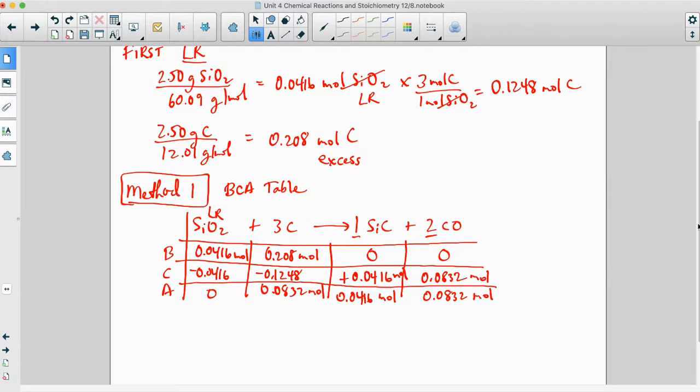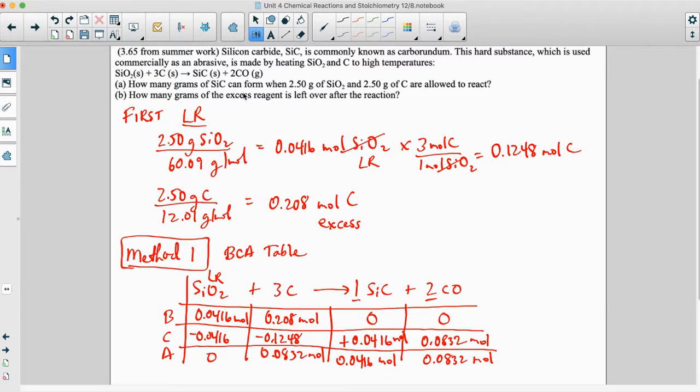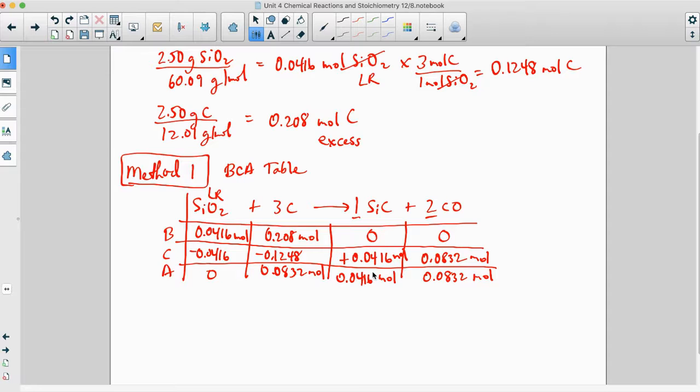Okay, so now going back to the question, we want to know how many grams of SiC can form. So here for part B, take this times the molar mass.